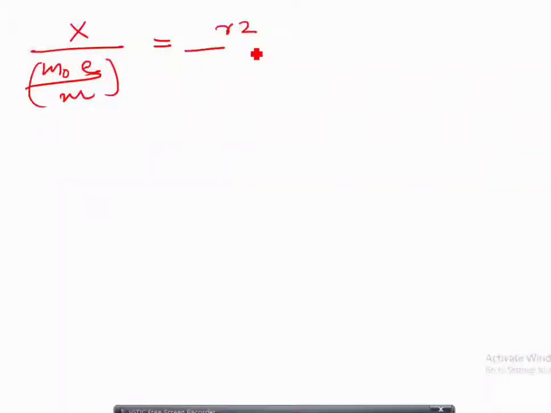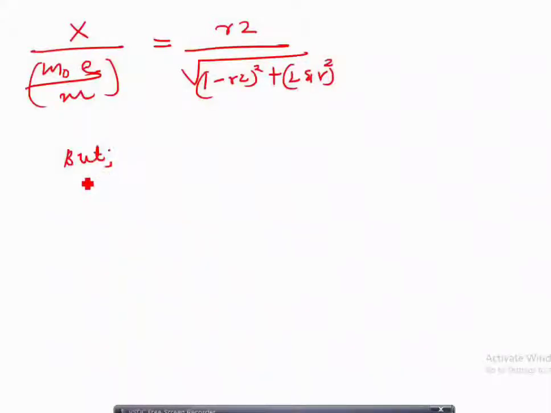The same formula is x upon mε upon M is equal to r square upon square root of, bracket 1 minus r square bracket square plus bracket 2 ζ r bracket square. But in this particular problem there is no condition that the damping constant c or the damping ratio ζ is given. So we will assume that the corresponding system is an undamped system.